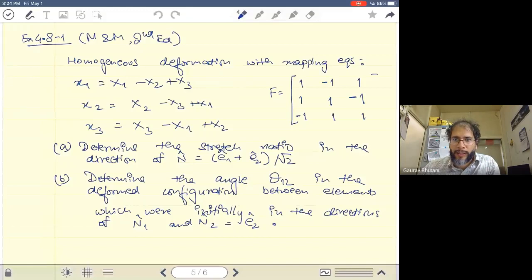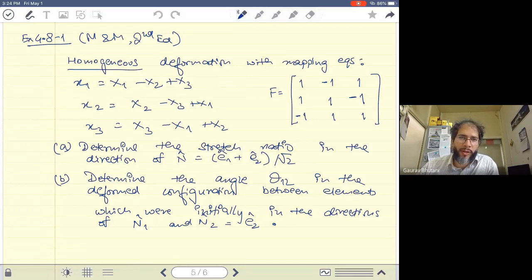So that's my deformation gradient tensor, or the F tensor. Now you can see that the F tensor here does not depend on x1, x2, and x3. So that's the reason it's homogeneous. Homogeneous means it's the same everywhere.